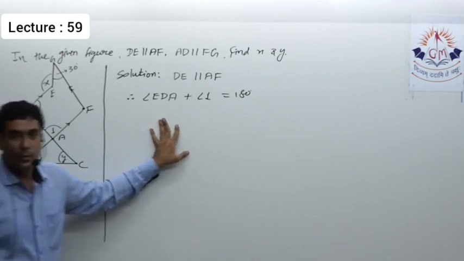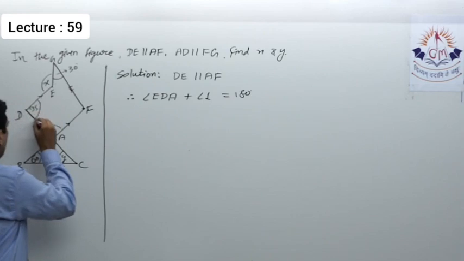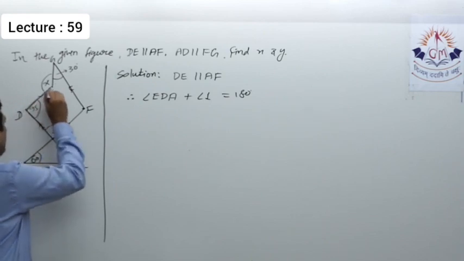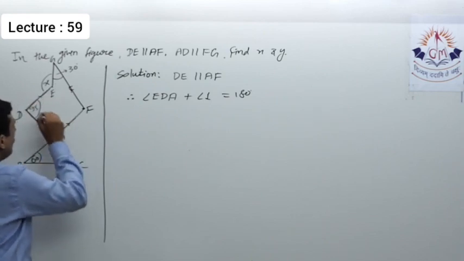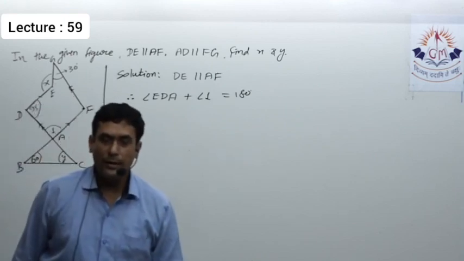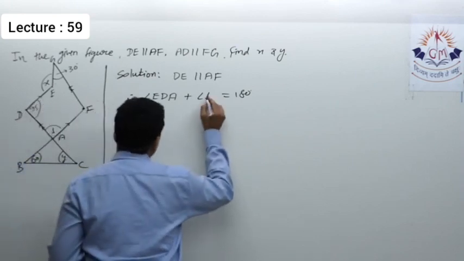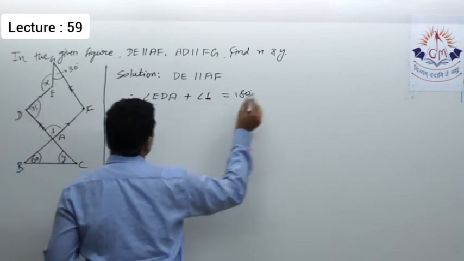Why? Because these two angles are on the same side of the transversal. See, if this is a transversal, these two are the parallel lines, so these two angles are on the same side of the transversal. That means they are co-interior angles or consecutive interior angles. So angle 1 plus angle EDA is equal to 180.